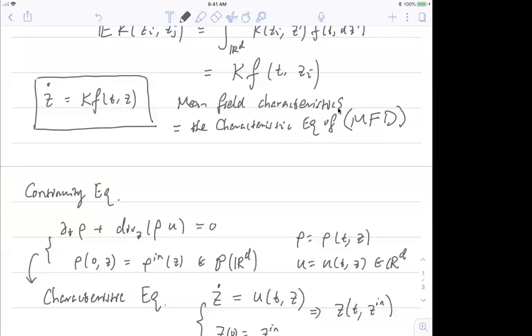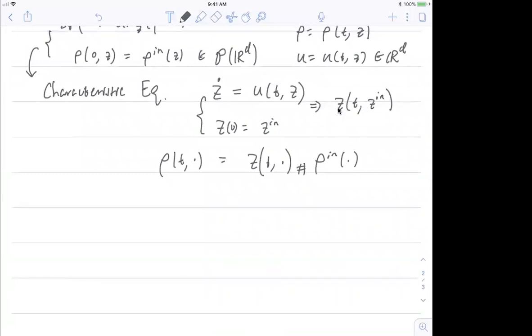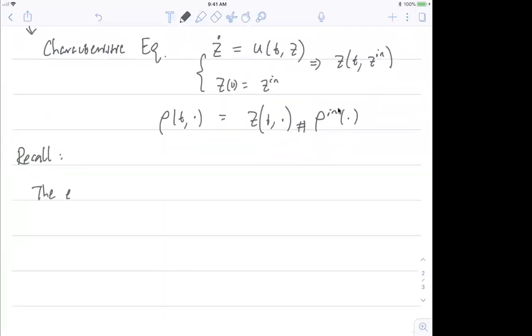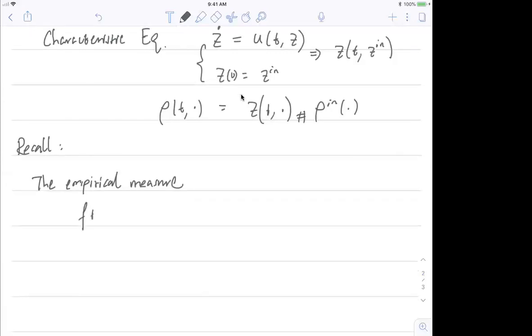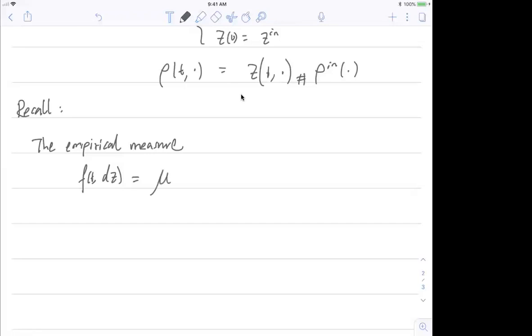So last time we already mentioned, for the ODE system we just wrote above, let's recall the empirical measure, which is the push forward of f_t dz.